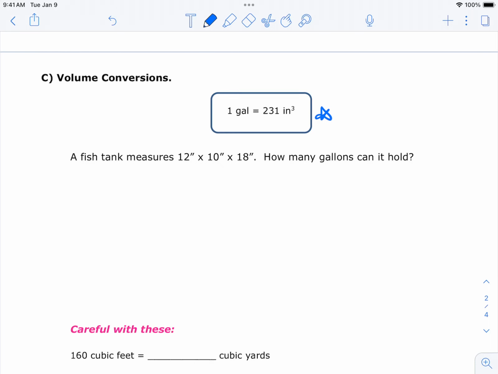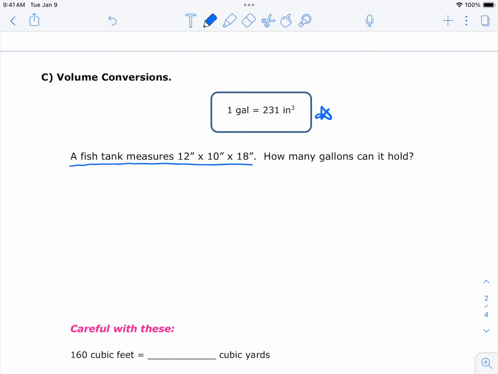So let's answer this question. There's a fish tank, and I made this up, but let's say you've got a fish tank that measures, and let's assume these are inside dimensions, 12 inch by 10 inch by 18 inch. So how many gallons is that? Well, the volume, and I'm pretty sure everybody here has seen this before somewhere: you take the length times the width times the height, and that gives you the volume of a brick shape.